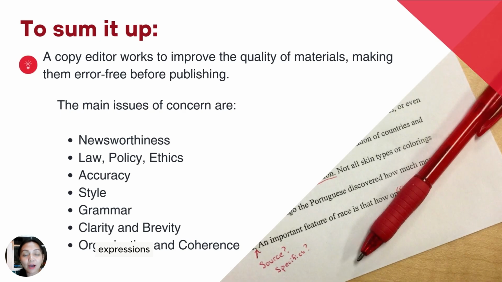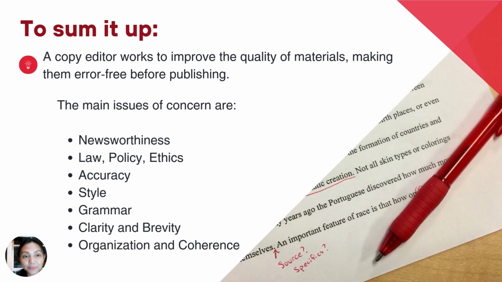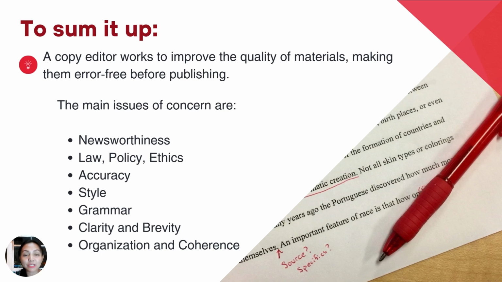Now, to sum it up, we just defined a copy editor. And as what we knew already, a copy editor works to improve the quality of materials, making them error free before publishing. And then we talked about the main issues of concern that the copy editor should be looking at very carefully.